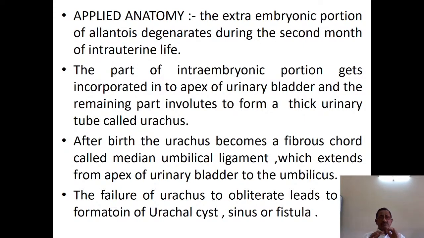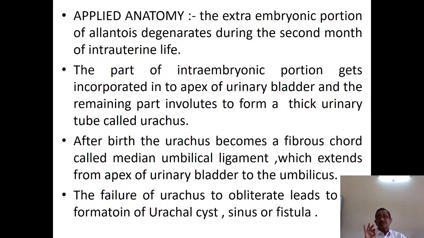So now the extraembryonic portion of allantois degenerates during the second month of intrauterine life. The intraembryonic portion gets incorporated into the apex of the urinary bladder, and the remaining part evolves to form a thick urinary tube called urachus. So a part of this allantois is incorporated in the apex of the urinary bladder, and the rest is involuting to form a urinary tube called urachus.